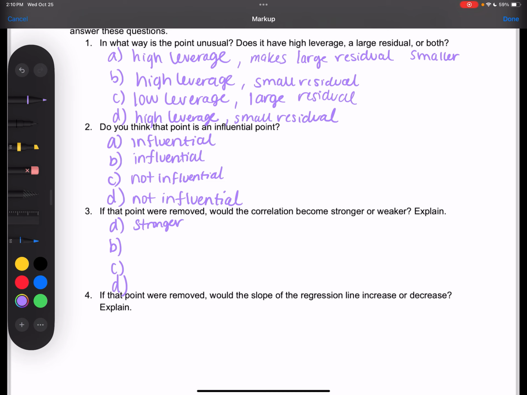It officially says, the correlation would increase because the scatter would decrease.